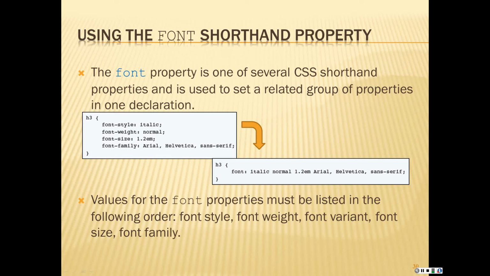But they must be listed in the correct order, which makes it a little tougher. If you do it up here, it's not so important that it be in the correct order. As you can see, font family alphabetically does not come after font size. It would have been the first thing. But in this case, it must be in the order of font style, font weight, font variant, font size, font family for it to work.